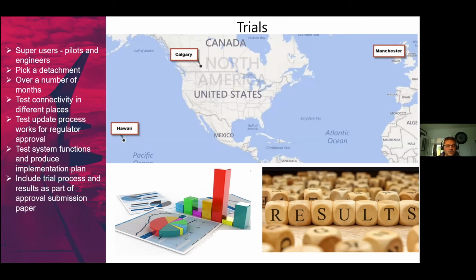And then you could include trial processes and results of what worked, what didn't work, in a traffic light process of red, amber and green, and show this to your regulators in order to get the approval. So a very important part of an approval is a trial to actually demonstrate that it can be done, and where it doesn't work, what steps you're going to have in place to make a red an amber, and an amber a green.